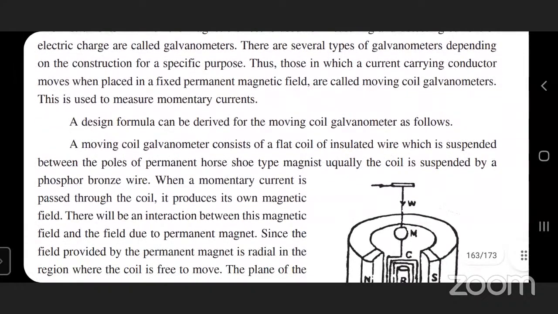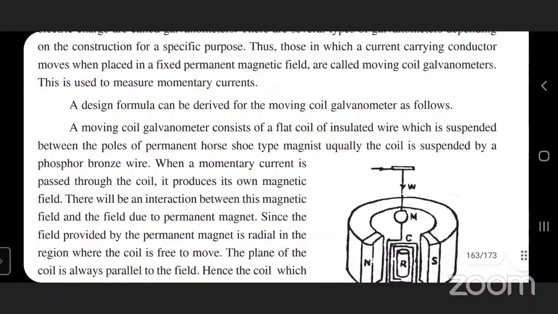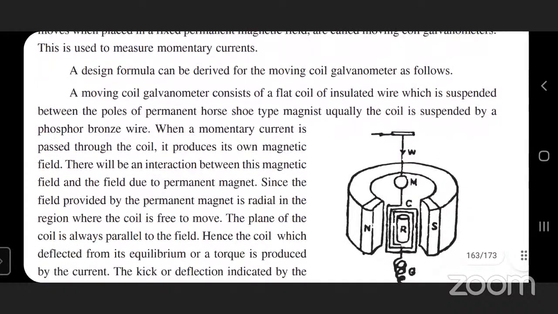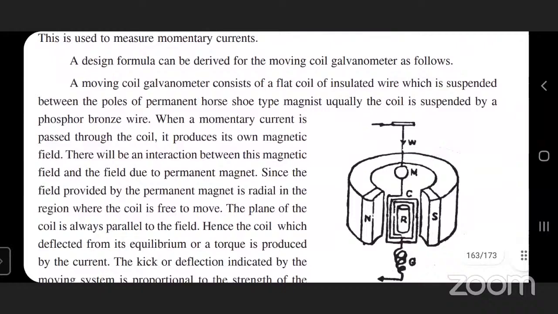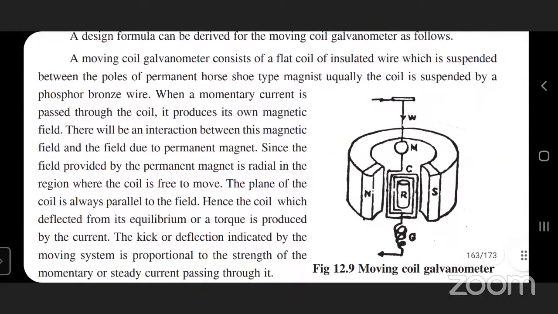This is used to measure momentary currents. A moving coil galvanometer consists of a flat coil of insulated wire suspended between the poles of a permanent horseshoe type magnet. Usually the coil is suspended by a phosphor bronze wire.